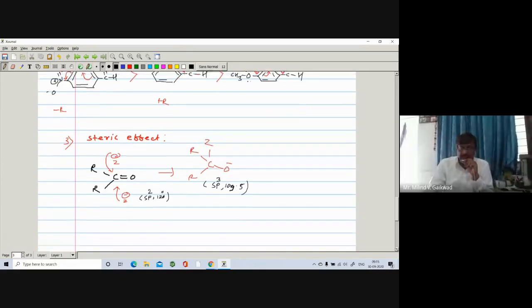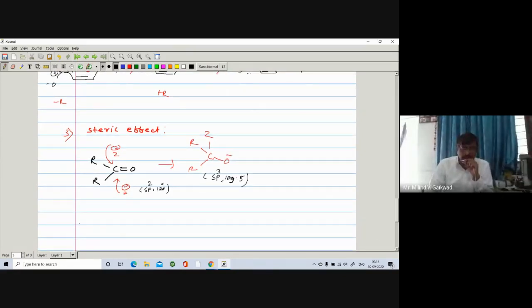So here, suppose I take such an example, CH3, then C double bond O, and H, then CH3, C double bond O, CH3, then I can replace the methyl group by the tertiary group. So you can get CH3, here is a CH3, and here is a CH3.